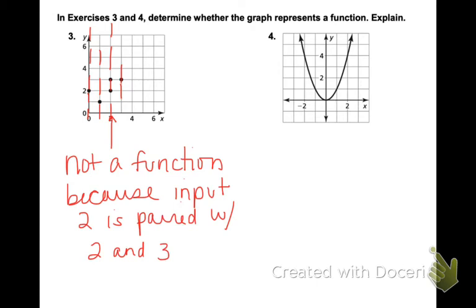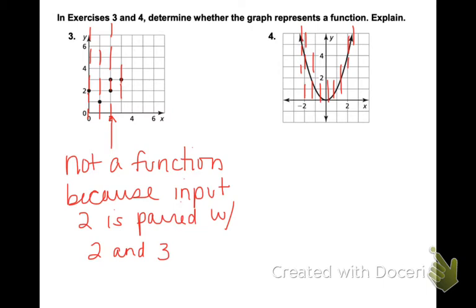All right, looking at number 4. So, you know, this even goes not even on the lines, but look at every time I'm touching it, it's only 1 point, okay? So the vertical line test is successful at any time there's a vertical line.